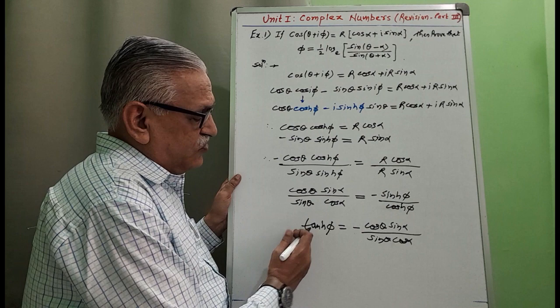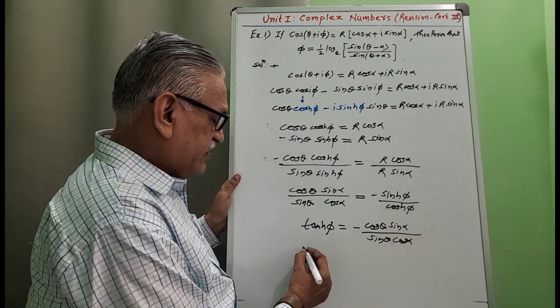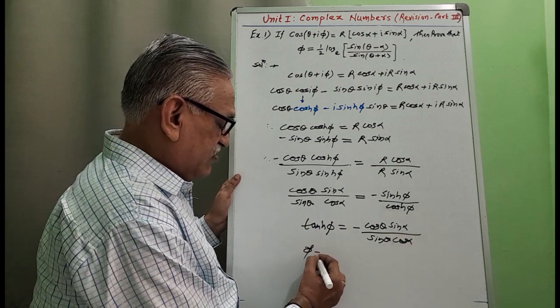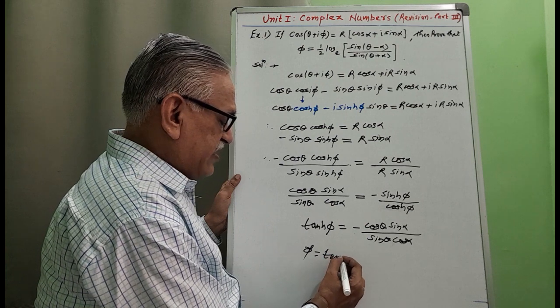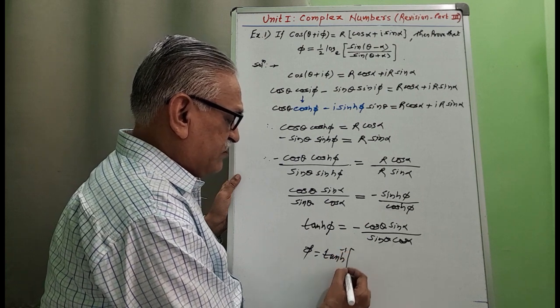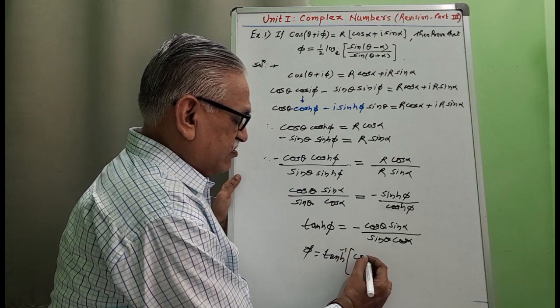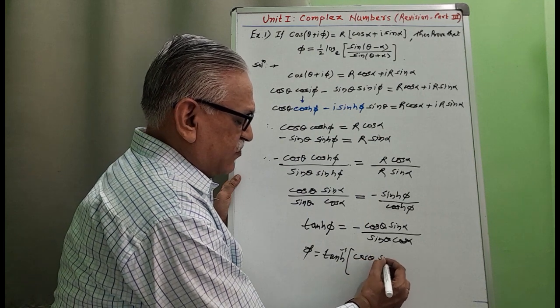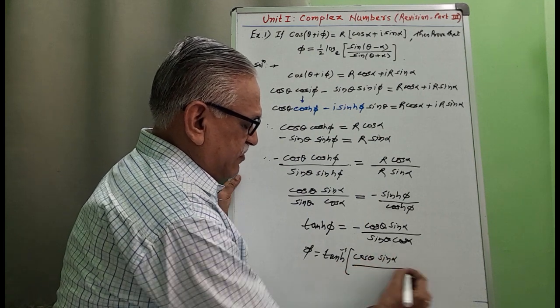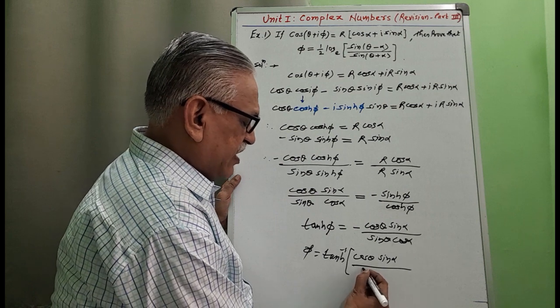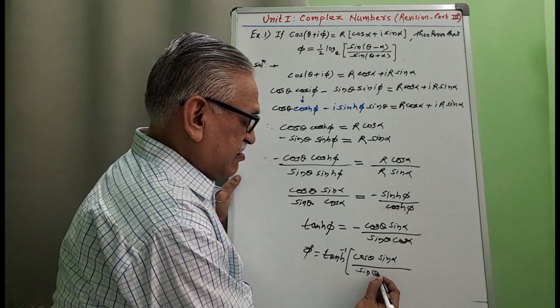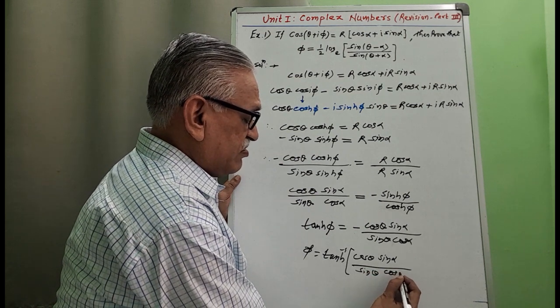Then transferring this to right hand side, we get phi equal to tanh inverse of cos theta sin alpha divided by sin theta cos alpha.